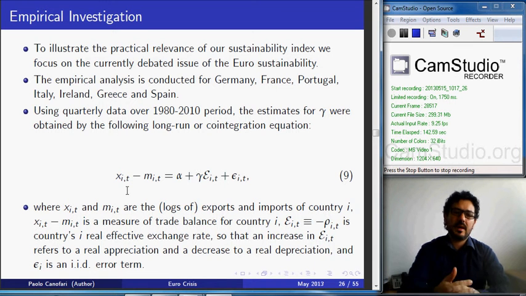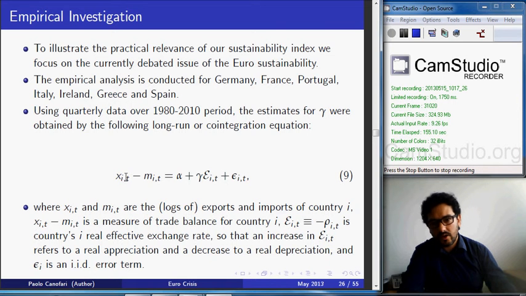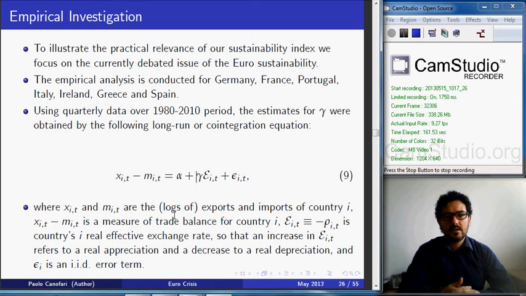So this equation has been estimated by using the vector error correction model, and so we need to perform the ADF test, the augmented Dickey-Fuller test, on these two series, the trade balance and the real effective exchange rate, and also the Johansen co-integration test in order to check if these two series are co-integrated.